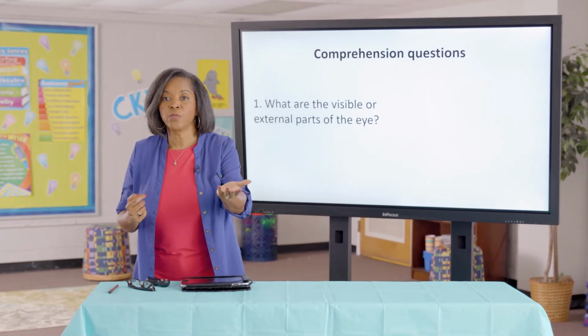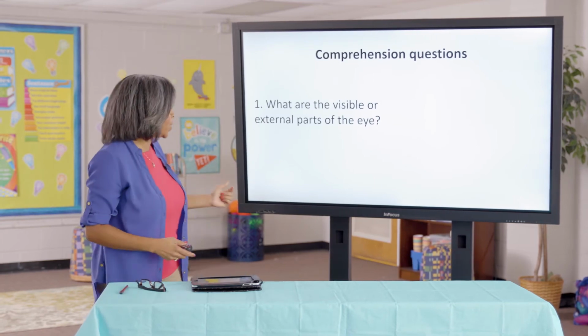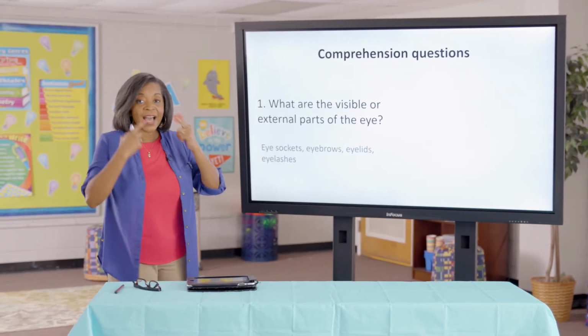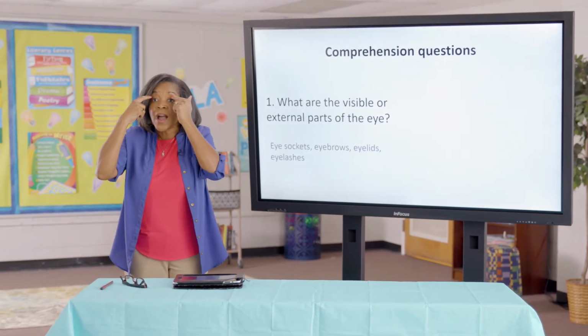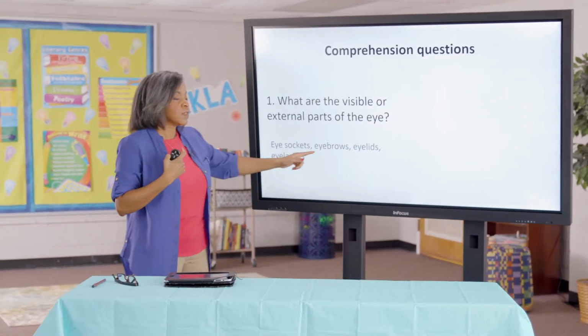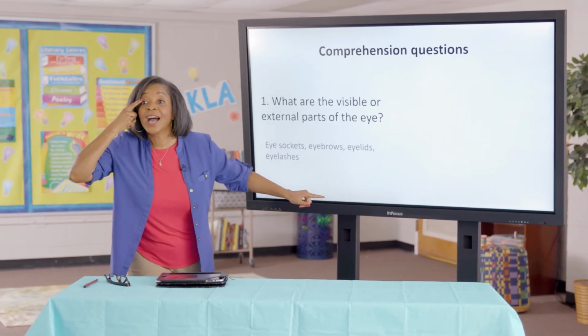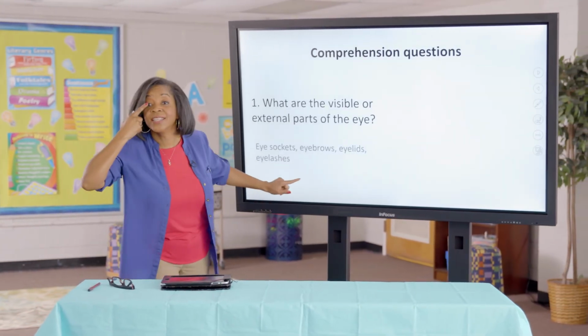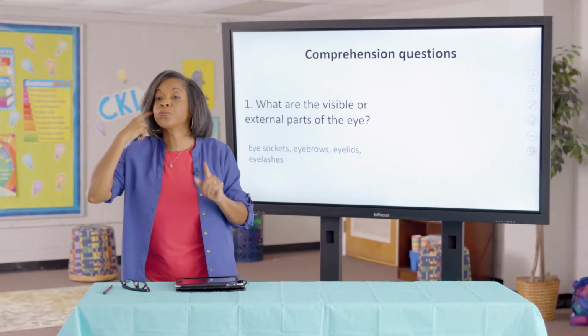Or if there's someone with you, what are the parts of the eye that you can see? We can see the eye sockets, because that's back where our eyes are sitting. That's our eye socket all around here. We can see eyebrows. We can see eyelids and eyelashes. All of those are important because it helps to protect the eye.